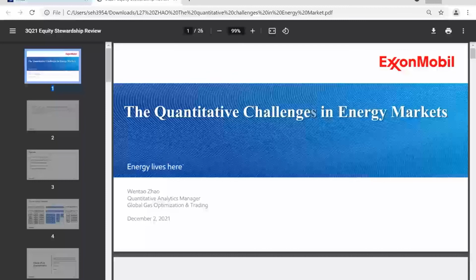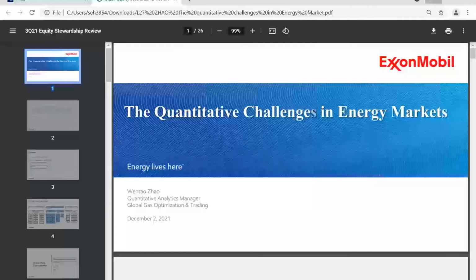So these are the global markets, and in different markets, we have different futures, options, spot prices, and price indexes. Some of them are pretty liquid, some of them are less liquid.